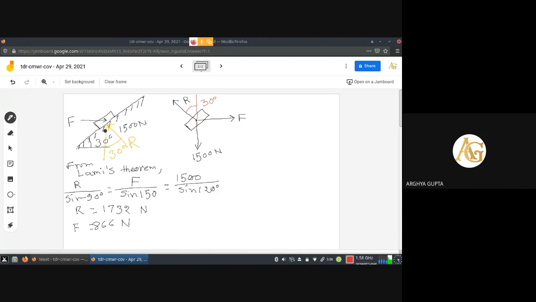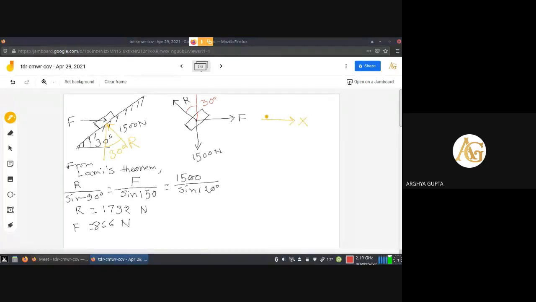Now the next step will be to resolve the forces, vertical and horizontal. These are horizontal and vertical already. So I am giving the axis here.